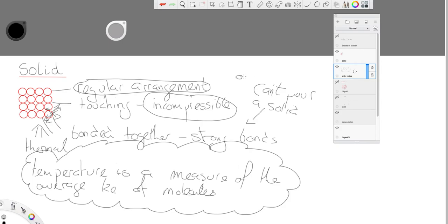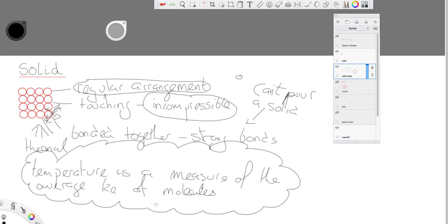You're not pouring individual atoms, or molecules rather. So you can't pour a solid. You absolutely can't pour a solid. My apologies for the poor writing. So that's solids. Regular, touching, incompressible, strong bonds, can't pour them.